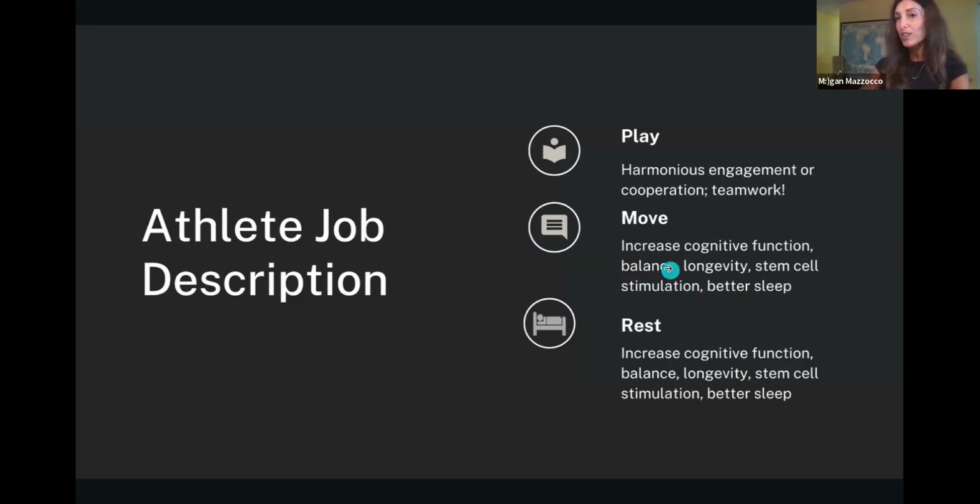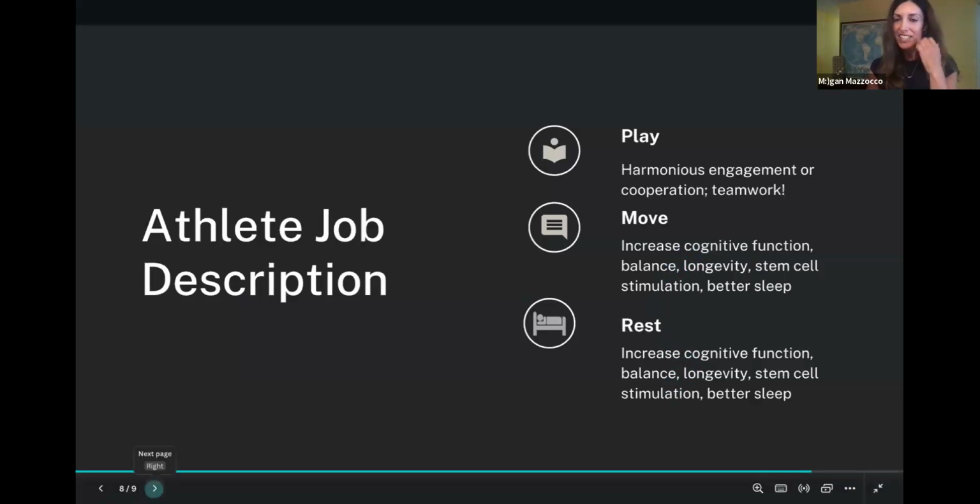And then also any mechanical pressure on your body, your bones, your joints, and your muscles stimulates stem cell production. So that also keeps you vibrant and youthful and energetic. So that's another reason to treat work like a sport and think of yourself as an athlete.